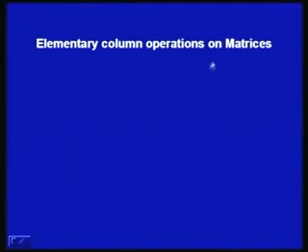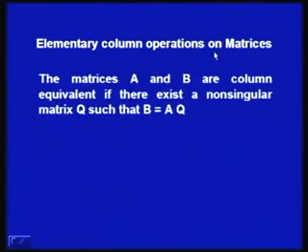So, we can apply elementary column operations on matrices, and one can define the same equivalence relationships. The matrices A and B are column equivalent if there exists a non-singular matrix Q such that B is equal to AQ. Mind here, I am multiplying on the right hand side. For a row operation, it was on the left hand side.